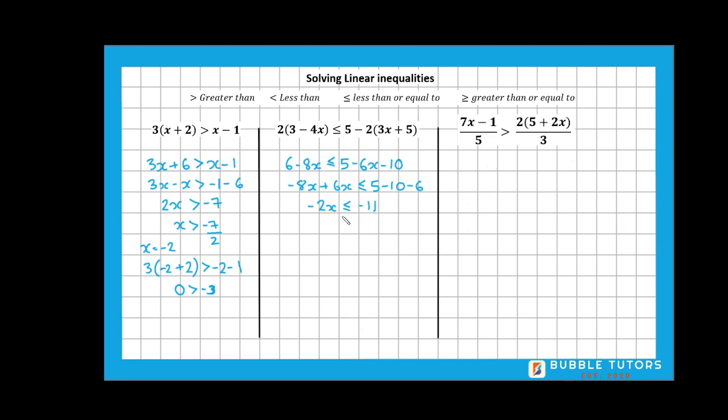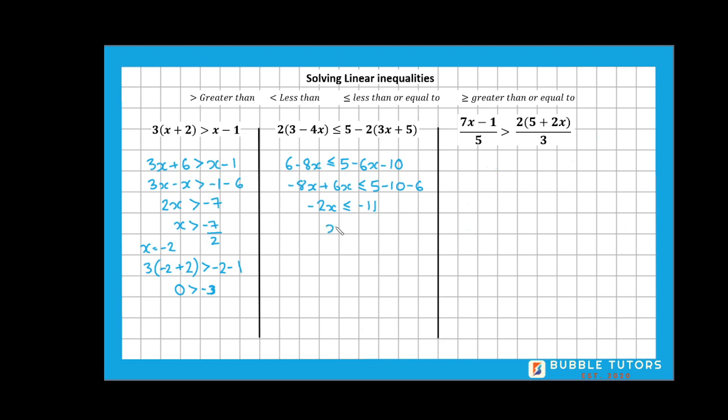And here we need to apply another rule. When we times or divide by a negative number, when we have inequalities, we have to reverse the inequality. So in this case, because it's minus 2 times x, when we bring it over, it'll become a divide. And because we're dividing by a minus number, we have to reverse the inequality.